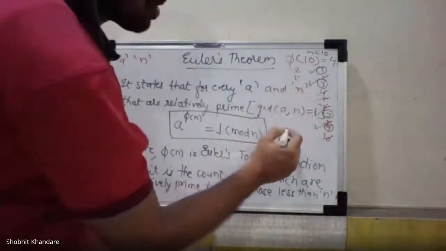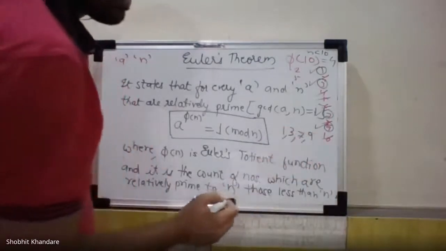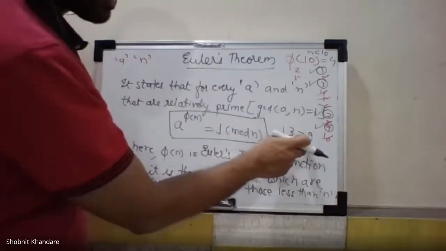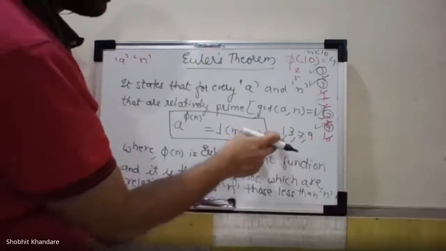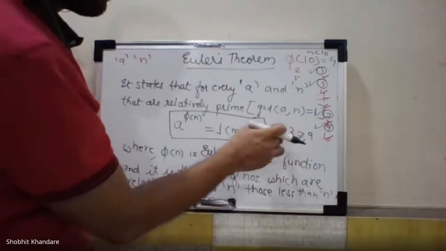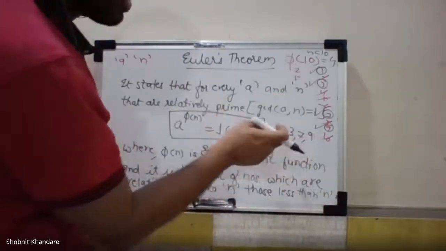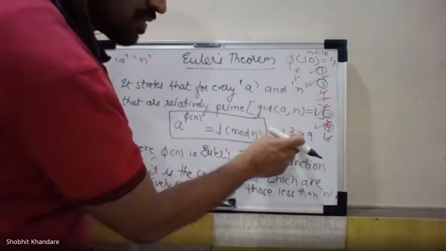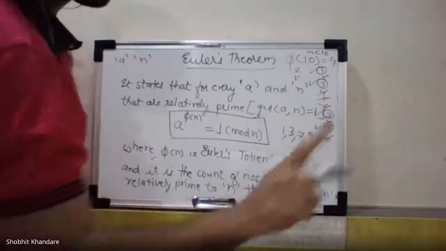What will you say about 1, 3, 7 and 9? They are relatively prime numbers. That means take 1 and 3, 1 and 7, 1 and 9, 3 and 7, 3 and 9, or 7 and 9. Take any two combinations, their GCD is 1.